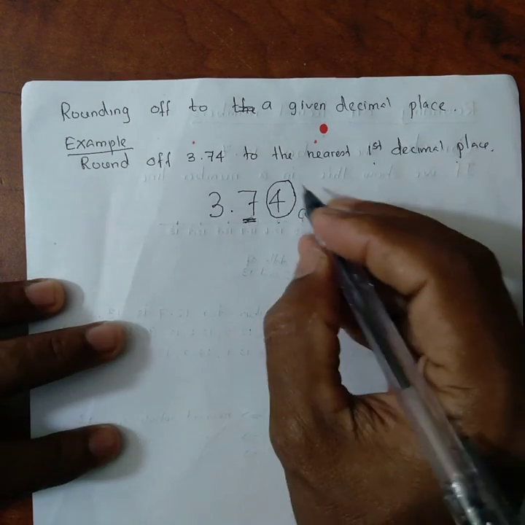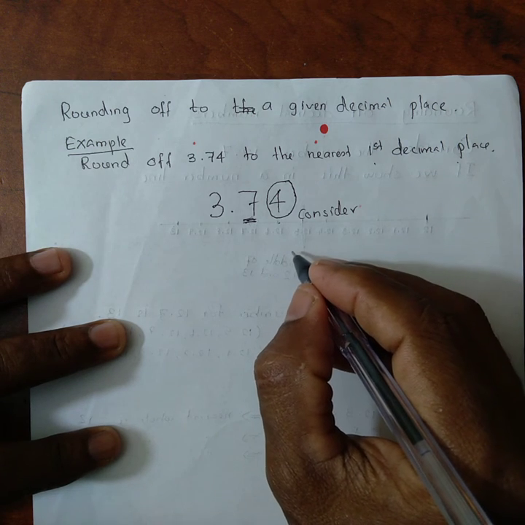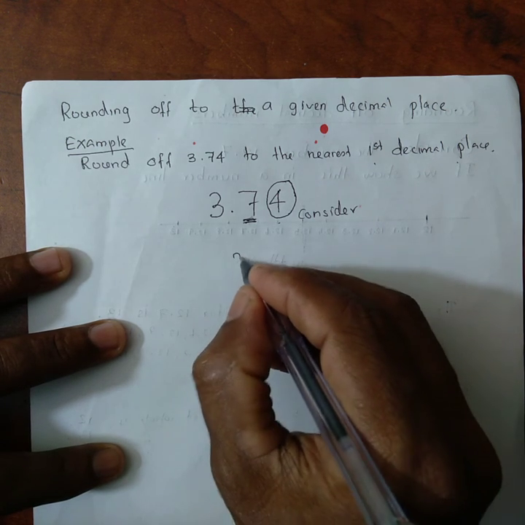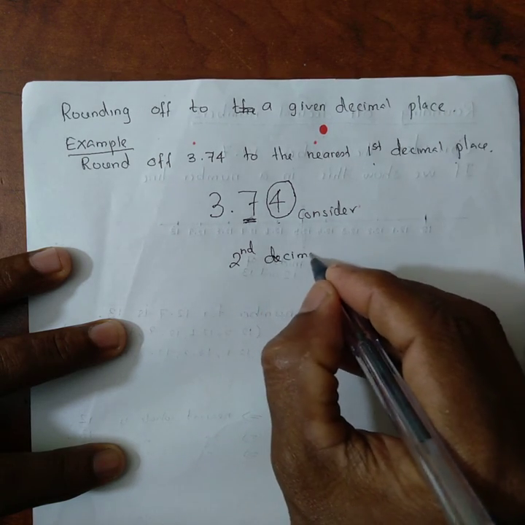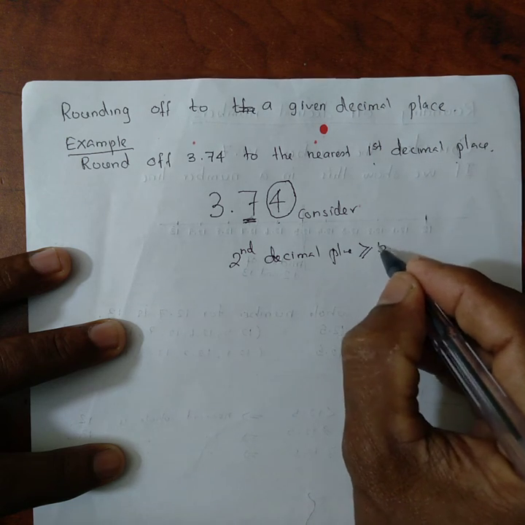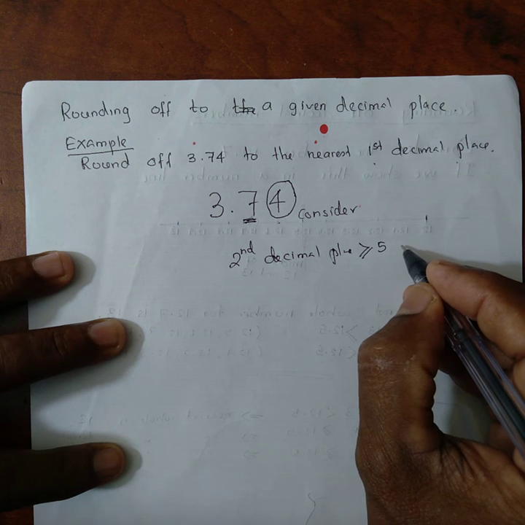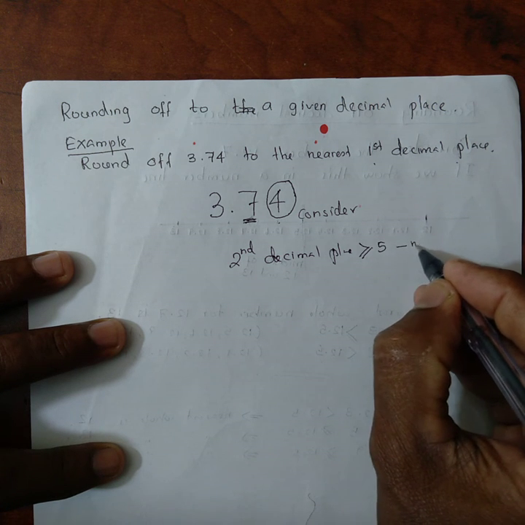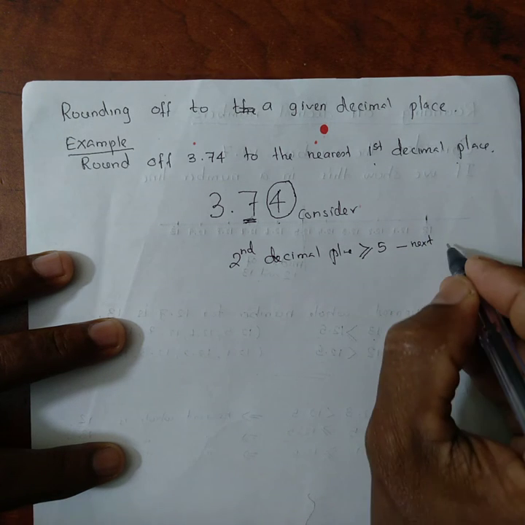If the second decimal place is more than or equal to 5, you should go to the next number of the first decimal place.